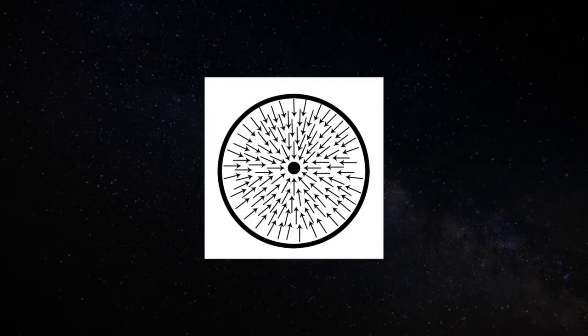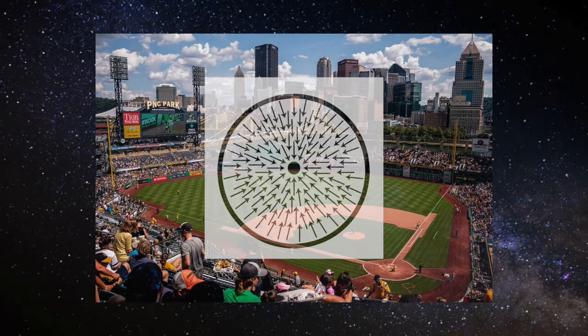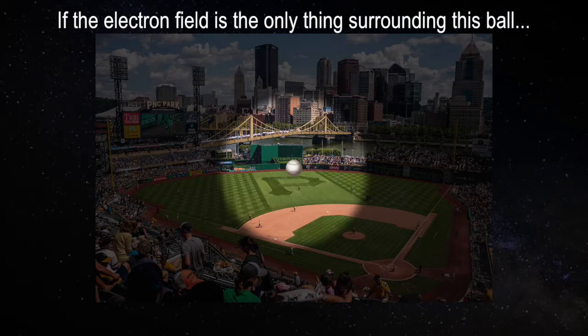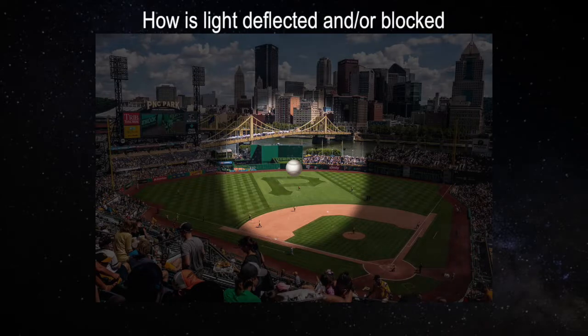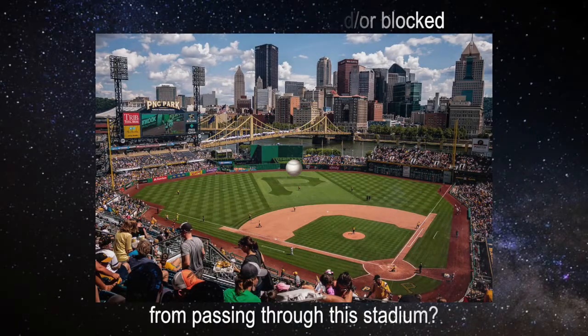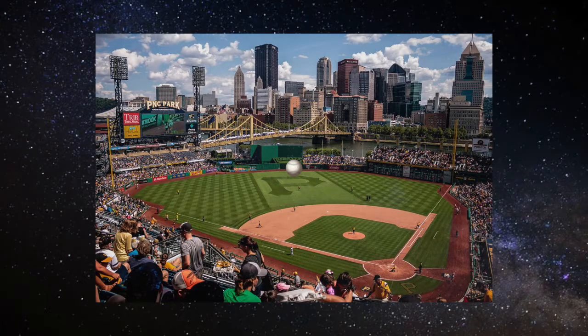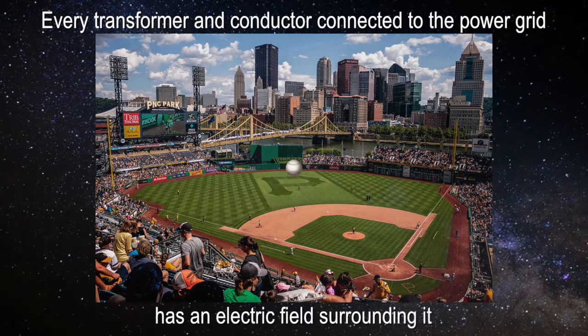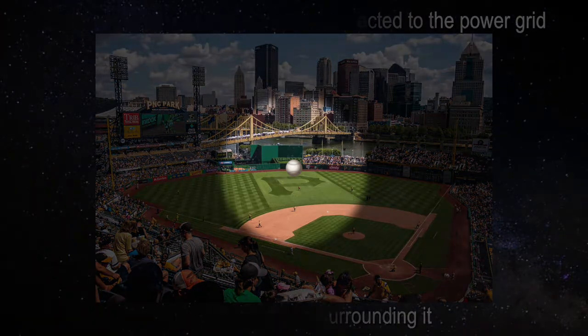If an atom is scaled up to the size of a sports stadium, the nucleus would be the size of a baseball. If the electron field is the only thing surrounding this ball, how is light deflected and/or blocked from passing through this stadium? Every transformer and conductor connected to the power grid has an electric field surrounding it.